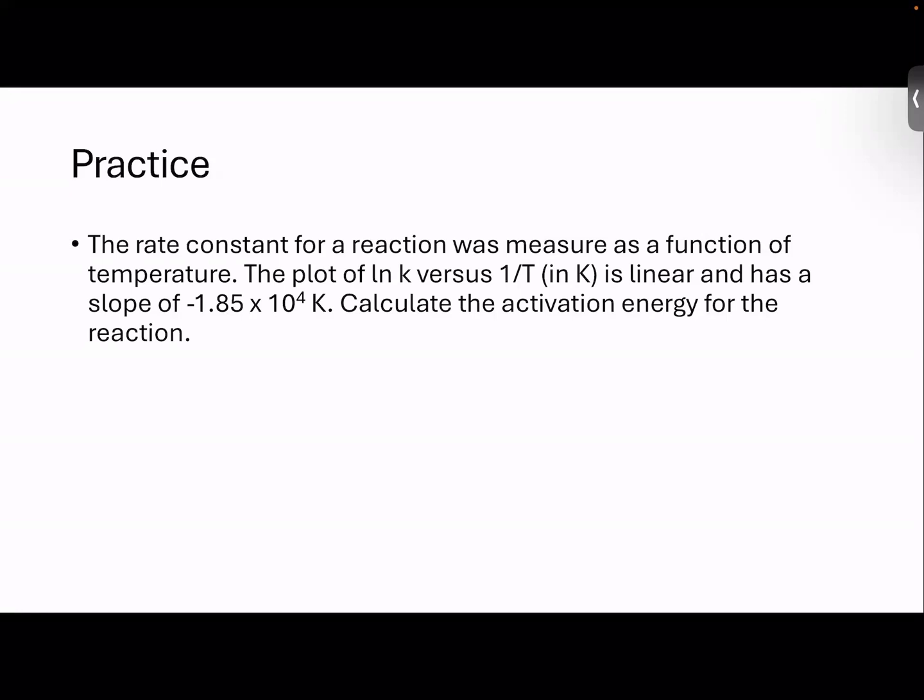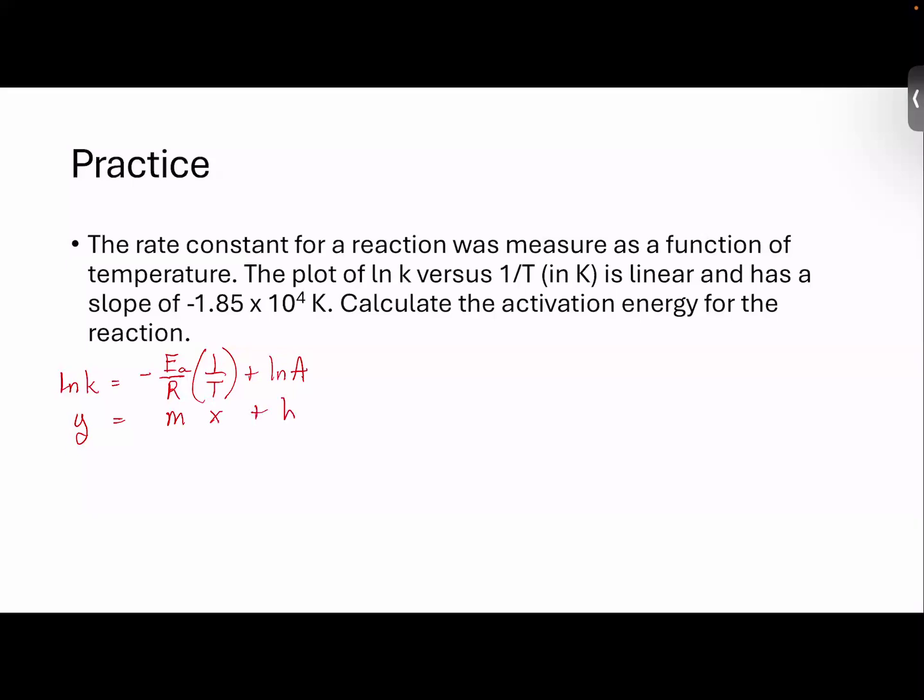If you think about our equation, the natural log of the rate constant is equal to negative E sub A over R times 1 over T plus the natural log of A, with the equation being y is equal to mx plus b.